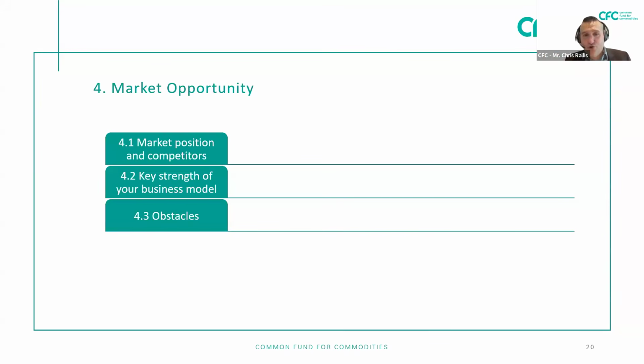Are you using long-term purchase agreements with your buyers or not? Other things that you can explain here in more detail are the products that you're offering and how these differentiate you from your competitors. And you could also include the names of your competitors if you are aware of them, and also information about your market share if you have that available.